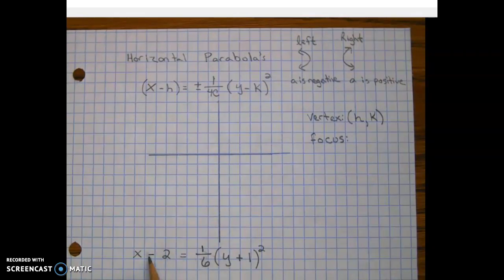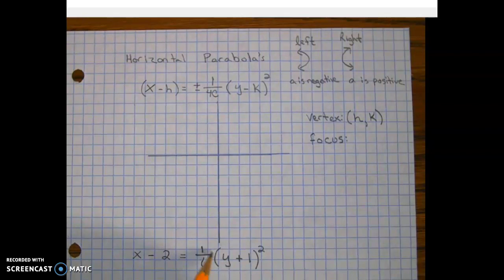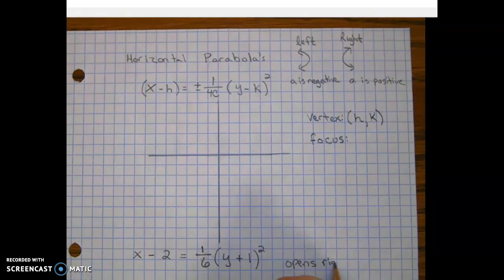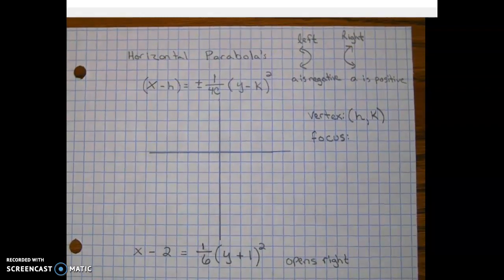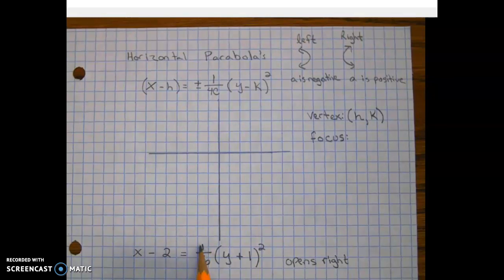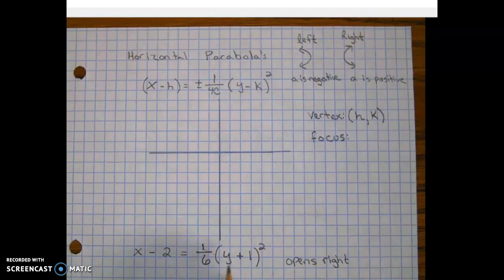Right off the bat, if we look at the a value, we can tell that this parabola is going to be opening to the right. And why is that? That's because the a value is positive. Second, let's go ahead and calculate the vertex.